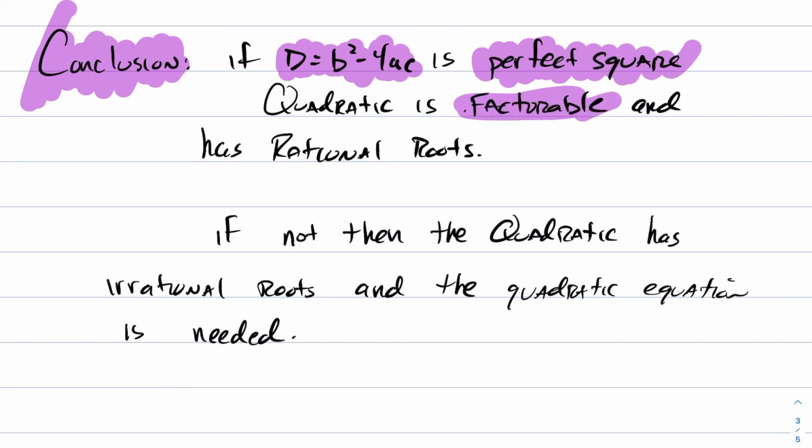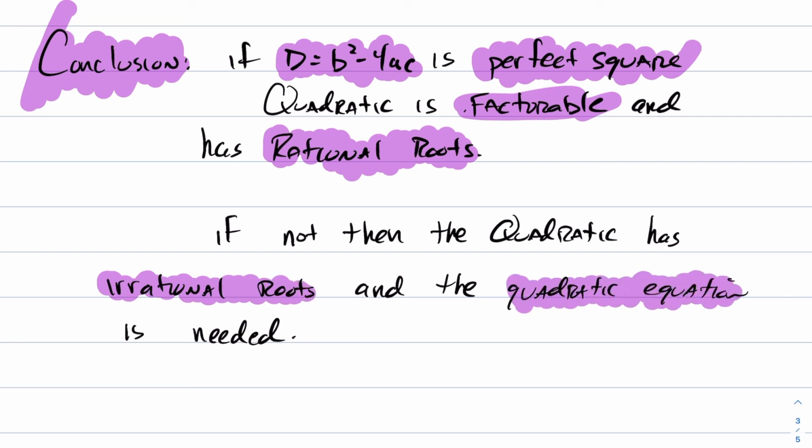You can factor it using charting, decomposition, product sum, difference of squares, all the techniques that we've talked about. And in fact, not only is it factorable, the roots are going to be rational roots. And by rational roots, I mean the roots can be rational values, integer values, etc. If the discriminant is not a perfect square, then that means that the roots that quadratic has are irrational. And to actually find those roots, you'll need to use the quadratic equation.